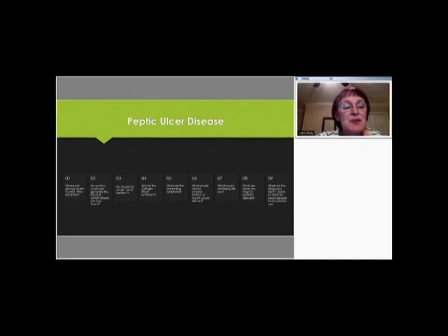Peptic ulcer disease is something else that little kids have. Where are the primary ulcers found? What part of the intestine? Are most of the ulcers in the stomach? No, they used to be.